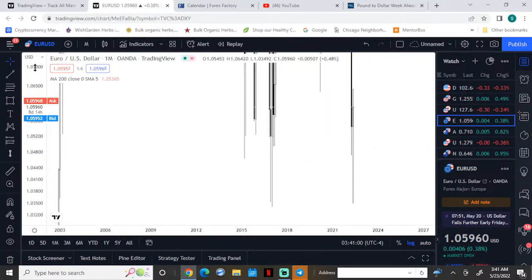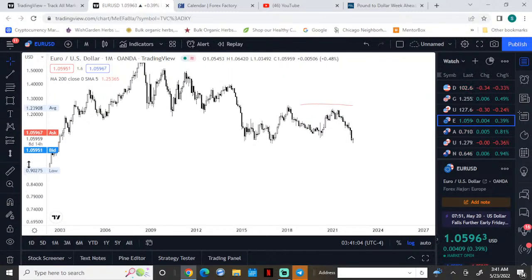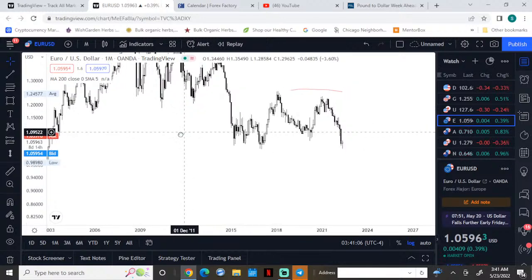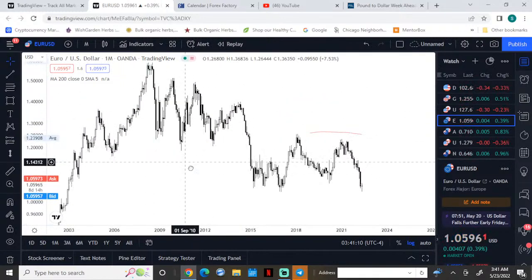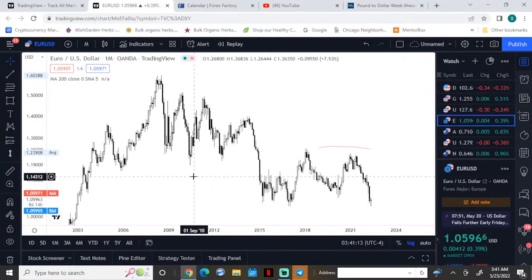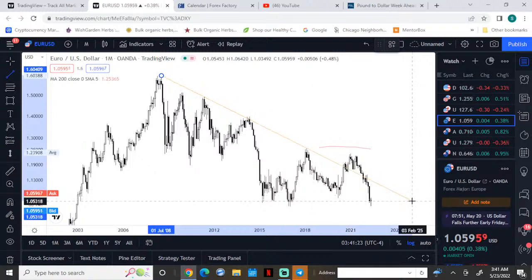EU is not my favorite pair because, I don't know, choppy as you should say, but I mean look at this, clearly, it's beautiful. I don't think this trend line is relevant, but I'm gonna see. No, I'm not gonna keep that.